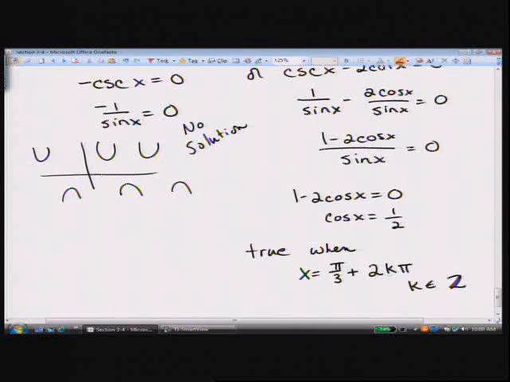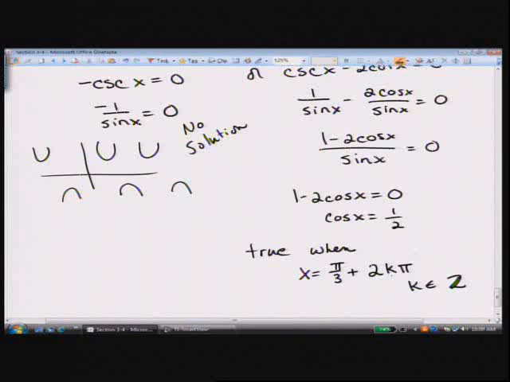Meaning, if I add an entire rotation, say k were 1, I would get 7 pi over 3. That would be another place where cosine x equals 1/2.